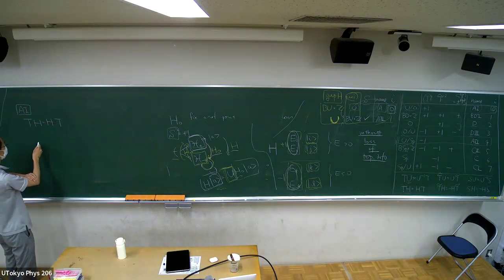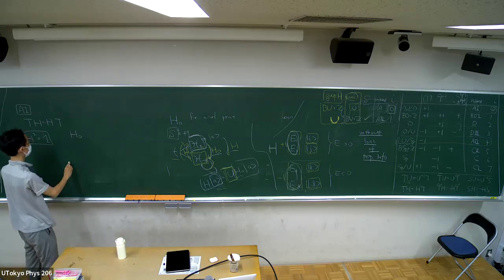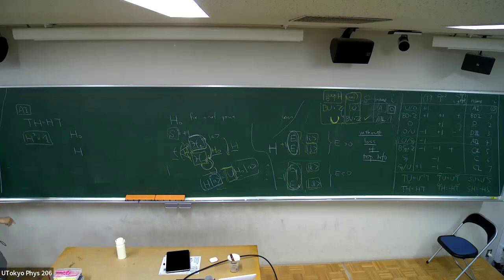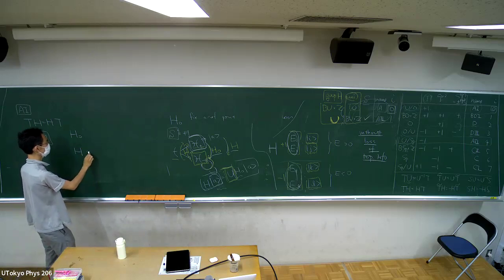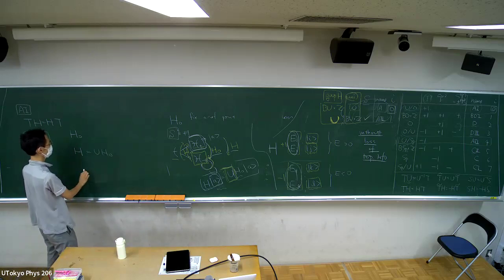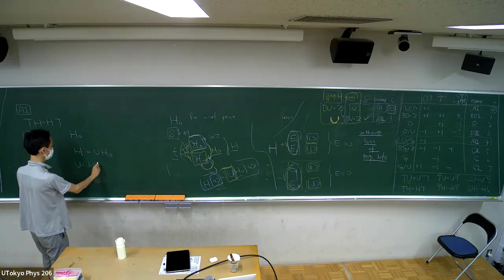And you pick a reference H0. So we want to classify H's such that H squared is 1. So you pick a reference point and you consider a different H. And write this as UH0. Or because of this relation, U is just HH0.